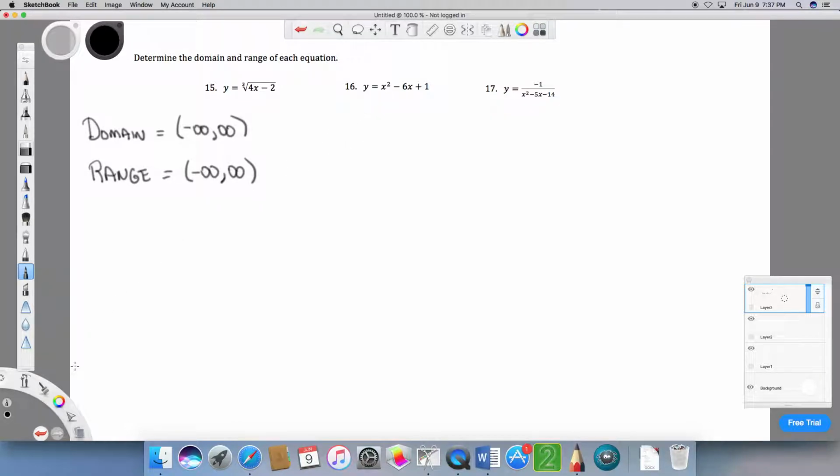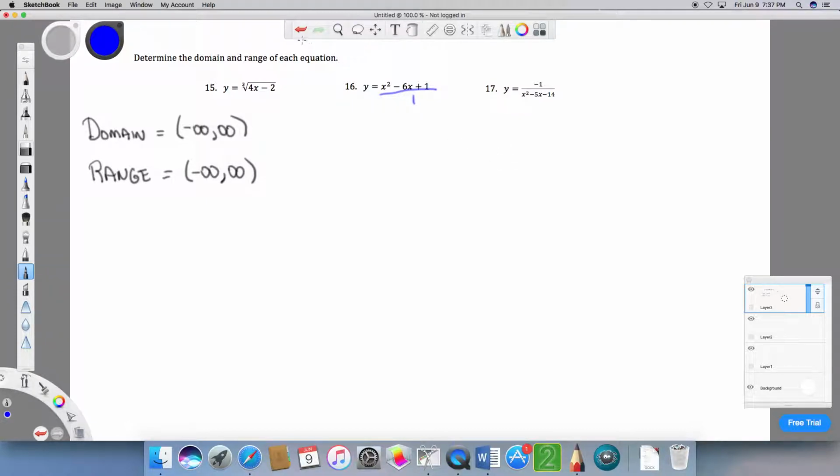Let's take a look at number 6. We'll verify that on a graph in just a minute. Again, you're going to be saying this over and over. The domain is the set of all real numbers, excluding any values of x that cause division by 0. I don't have any variables in my denominator.